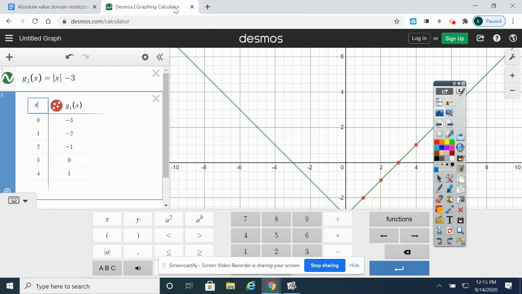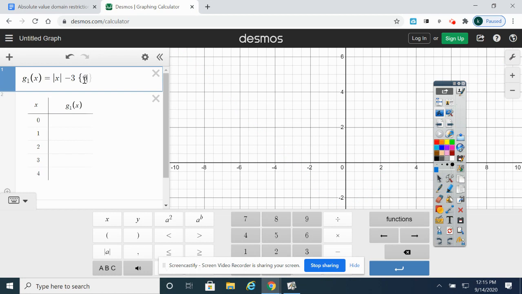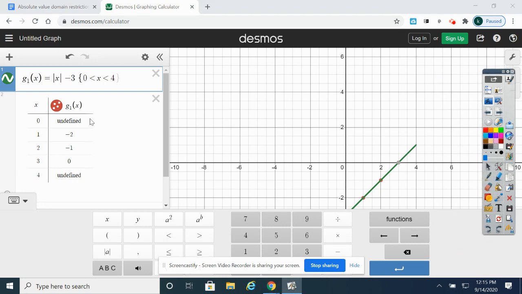Now, I don't think that's going to give us a V shape. If we wanted to actually put in restrictions here, I would just hit the space bar at the end of my equation. I'm going to use what's called the curly brackets. That's the set notation. And we said we wanted to go from 0 less than x is less than, and we wanted to go all the way up to 4. So notice now that's saying some of these values are undefined.